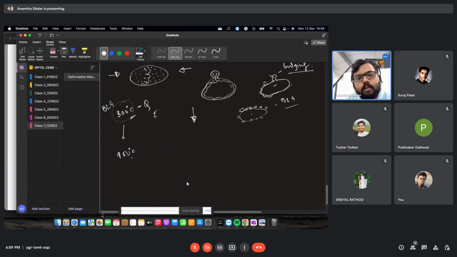Okay. After that, what we see is that when the grain is done forming bulges and dislocations, the entire grain produces low angle grain boundaries, and subgrains form.